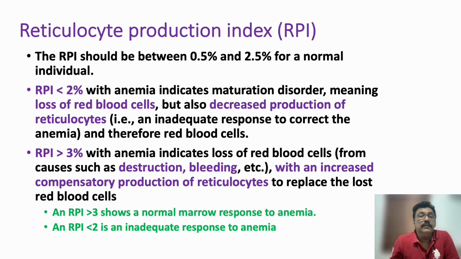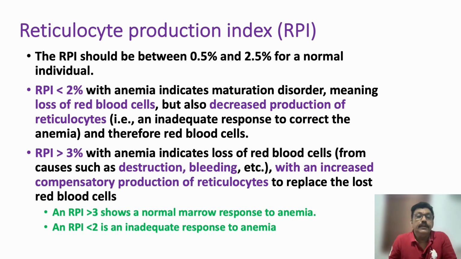So reticulocyte production index we have already seen. A reticulocyte production index of more than 2 to 3 shows a normal bone marrow response to anemia. That means the bone marrow is producing RBCs to compensate for a peripheral destruction. But if it is less than 2, then the production is not adequate.